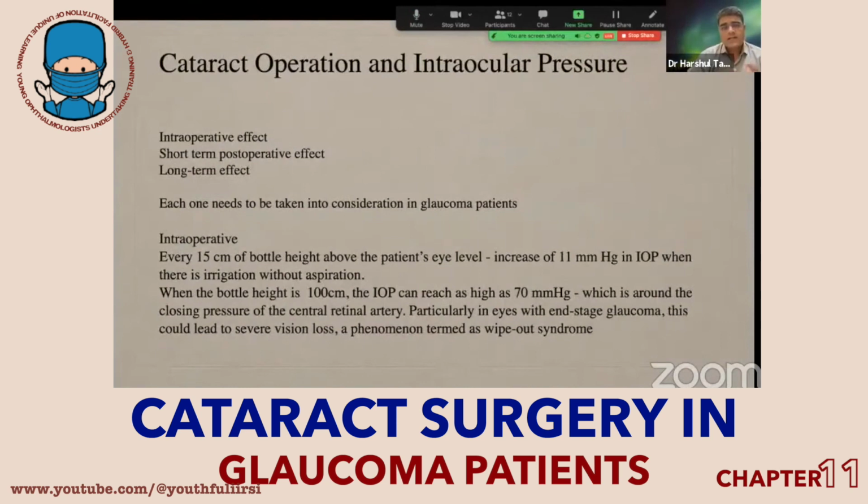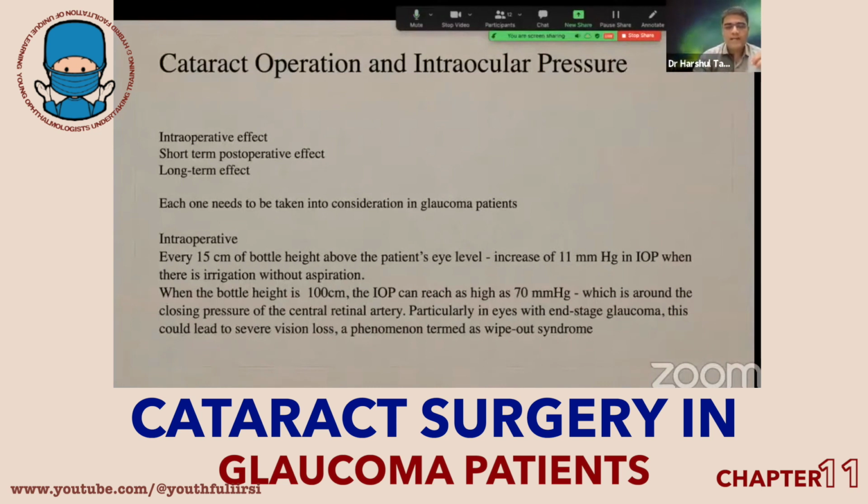If we look at the cataract operation and IOP, intraocular pressure, there may be an intraoperative effect, a short-term post-operative effect, and a long-term effect, which we need to take care of. Looking at the intraoperative effect on the IOP, every 15 centimeters of bottle height above the patient's eye level increases IOP by 11 millimeters of mercury when we go with the phaco handpiece in irrigation only, without aspiration.